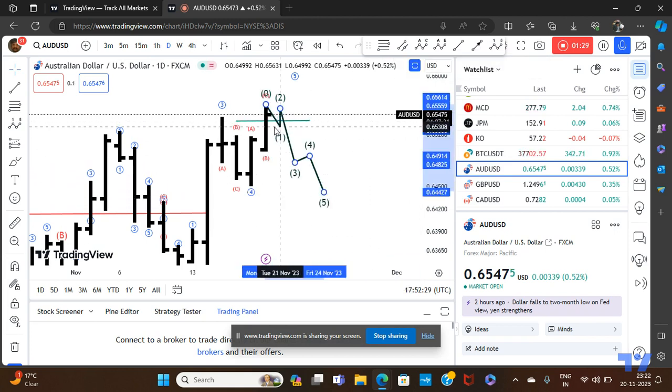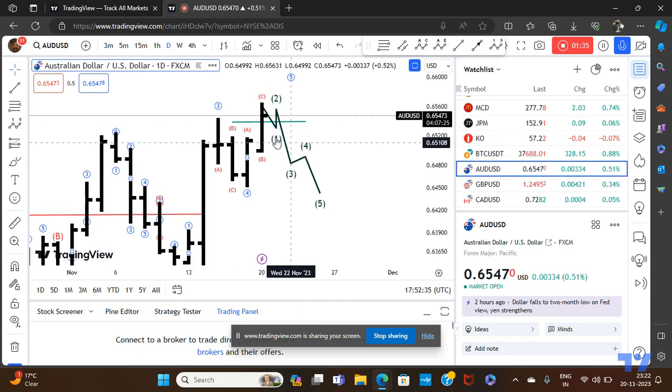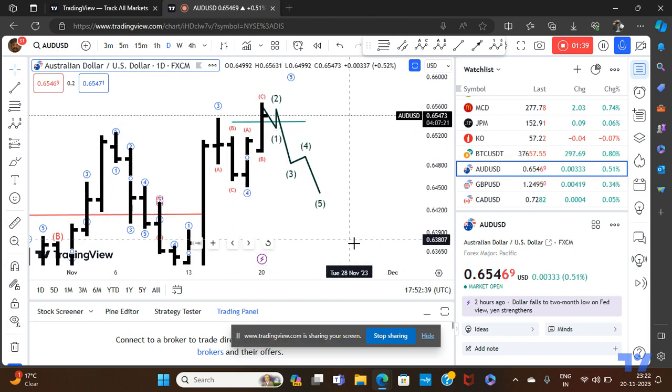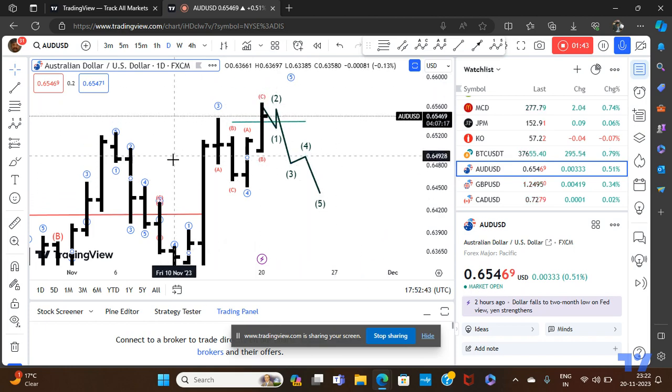So our setup should be a 5 wave decline, and this wave can be traded because this is an impulse wave. So within a corrective pattern, you have an impulse wave 1, 2, 3, 4, and 5. So this will complete the entire correction.